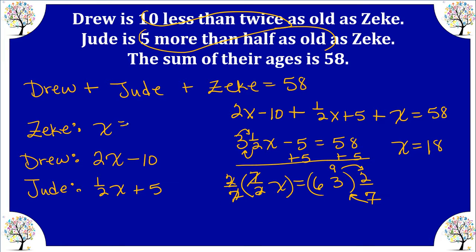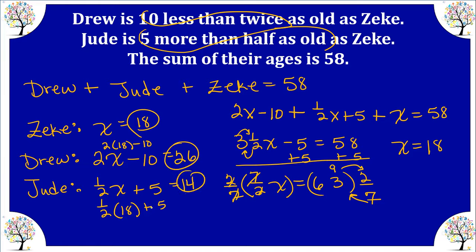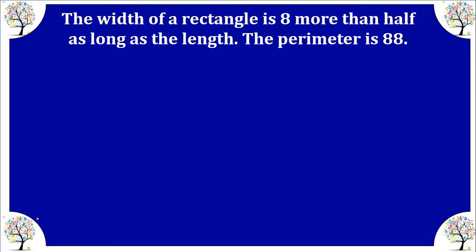So Zeke is 18. Drew is 2 times 18 minus 10. So 2 times 18 is 36, minus 10 is 26. Then Jude is 1/2 of Zeke plus 5. 1/2 of 18 is 9, and then 9 plus 5 is 14. So if we were to add these together, we should get the 58.